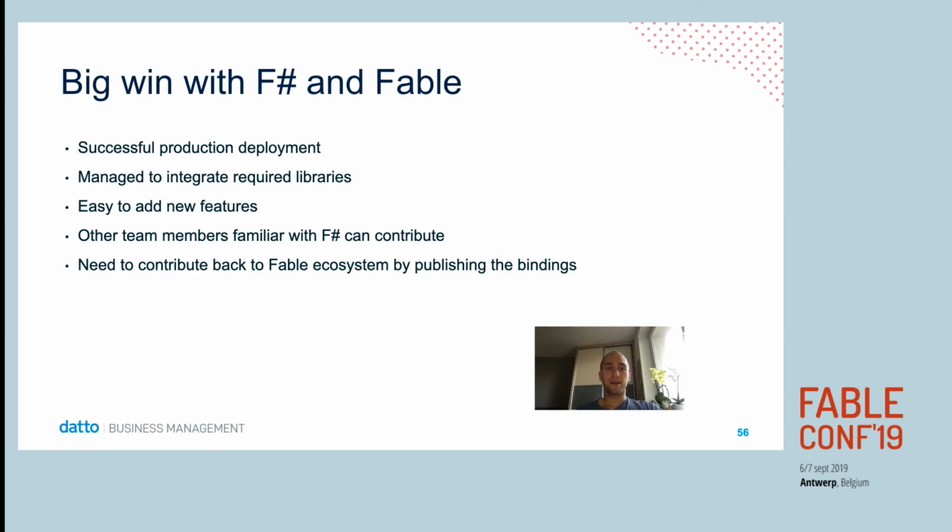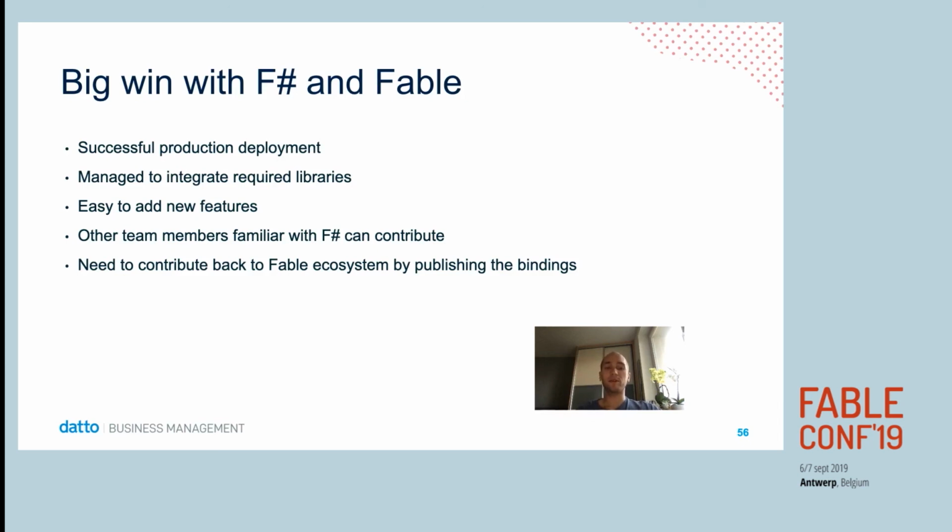But other than that, I can say that we had a great success with F# and Fable because we have a successful production deployment. The product still has the beta label on it, mainly because of those things that I just outlined a second ago, and we still miss a couple of features. But other than that, all is good.